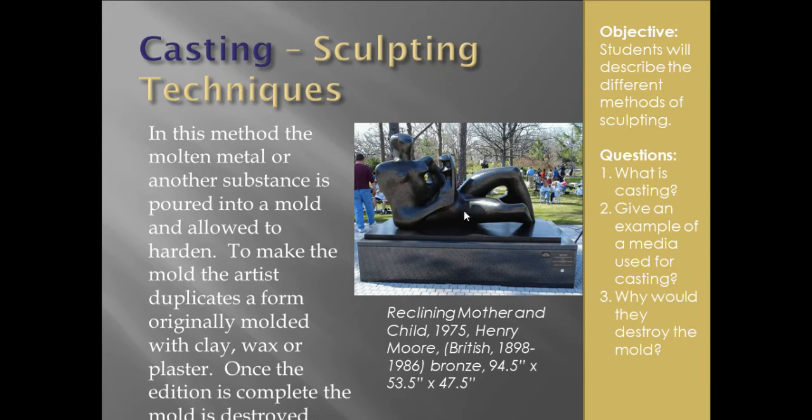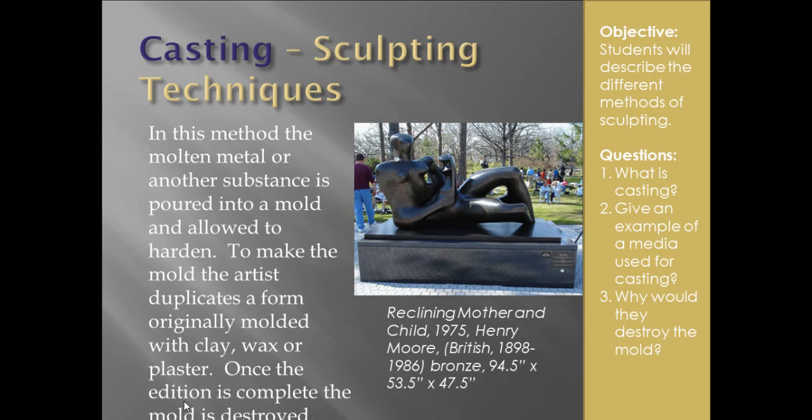Clearly cast out of metal, and oftentimes you see these in public or outdoor spaces that are exposed to weather. This is the same method that the Statue of Liberty was created with, a very large mold that then was poured into in different pieces, and then those pieces were attached to give a unified surface. And then, of course, that stands in New York.